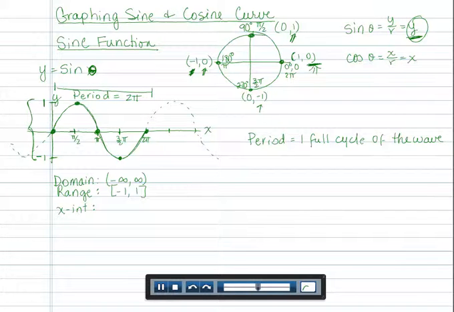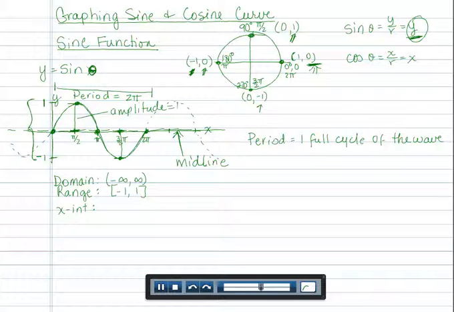The amplitude is going to be measured from this line that cuts the graph in half, which happens to be the x-axis, also known as the midline. From the midline to a maximum, or even from the midline to a minimum, it's going to be your amplitude.